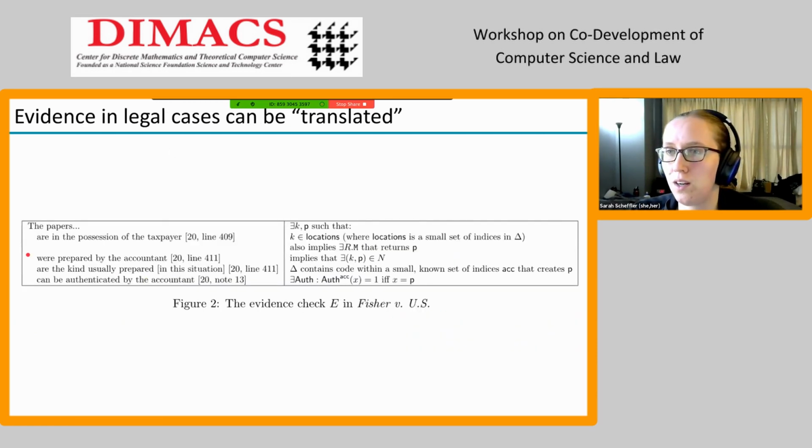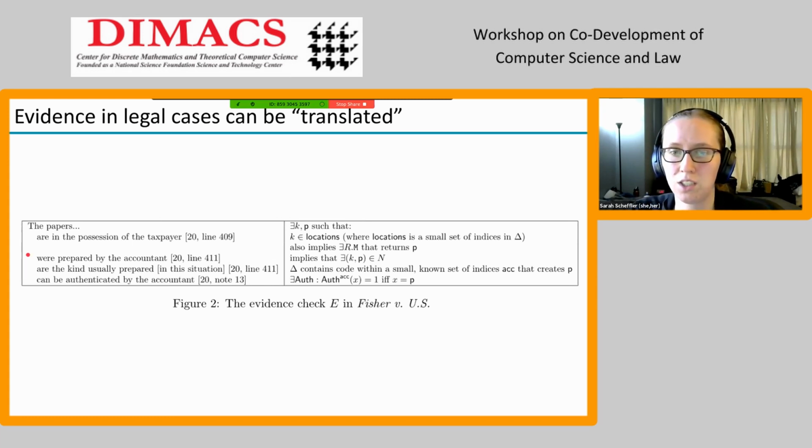So for existing legal court cases, we can translate the legal case into this formalization, see what the result is, and check to make sure that we got the same result as the courts. So this is the evidence check in Fisher v. US.